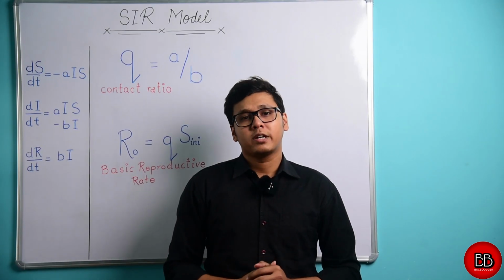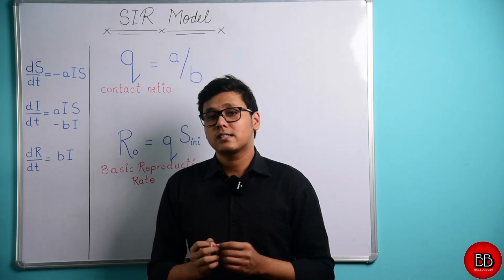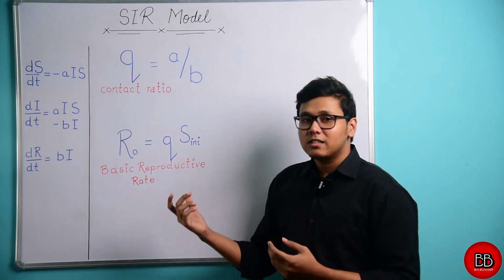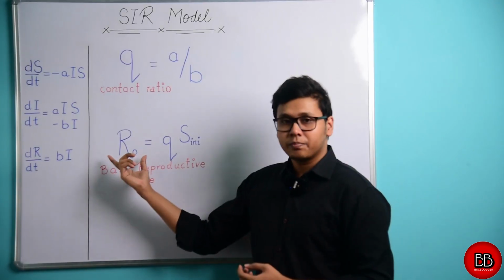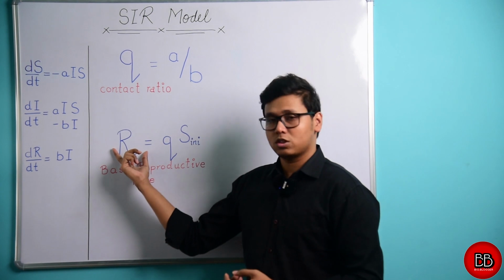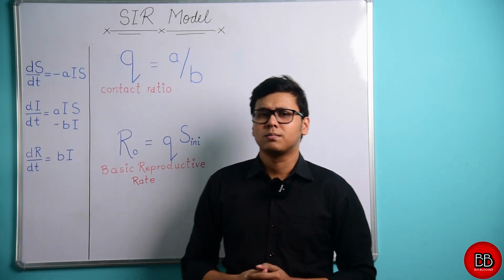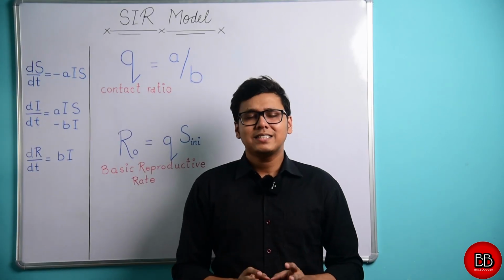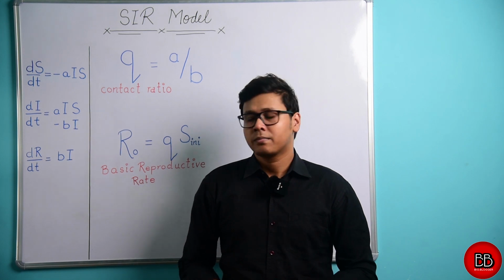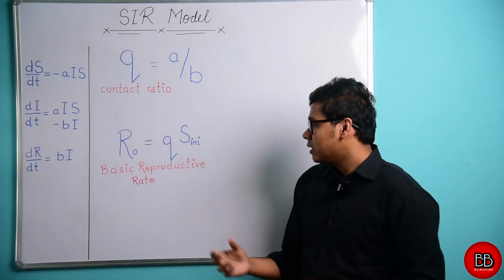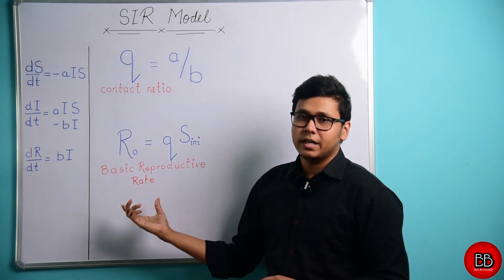Why is Q so important? The answer to this can be understood in the next term, and the term is R naught. This is not a new term. You would have heard it many times in the past 2-3 months. And what does it mean? This is the basic reproductive rate.